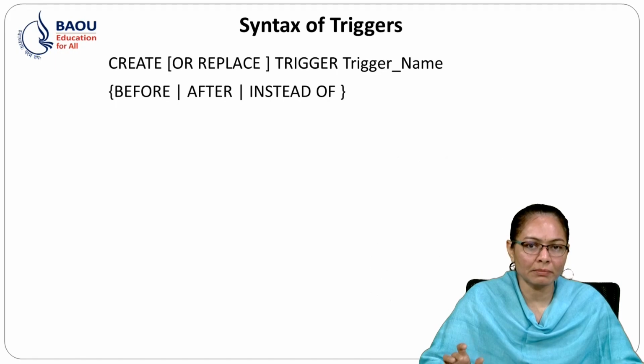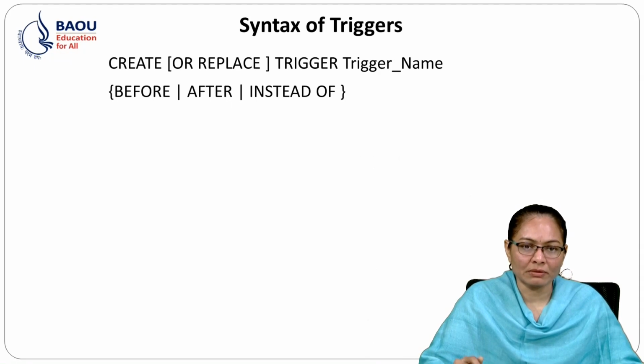And after means after inserting, updating or deleting the records from the table, the trigger will be fired. And instead of is used to create the trigger on a view. Before and after cannot be used to create a trigger on a view. So we can use before, after, or instead of.